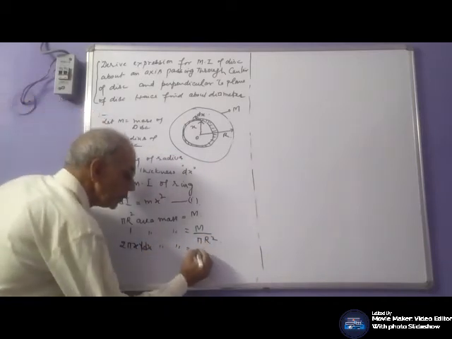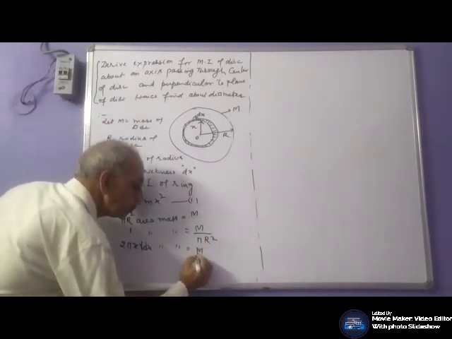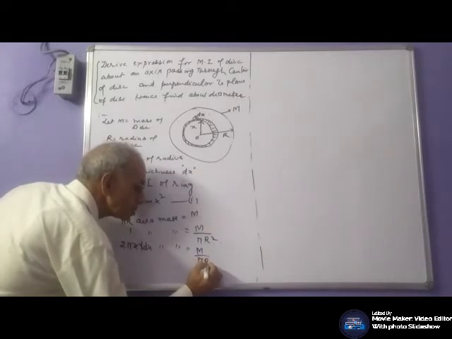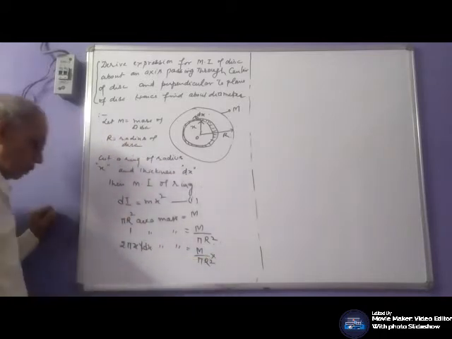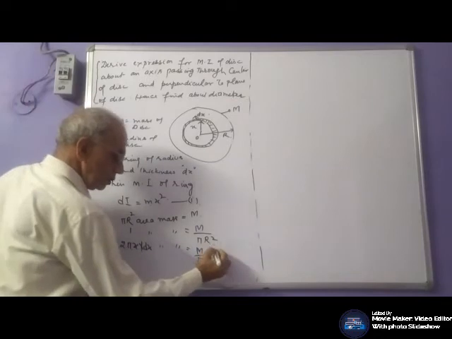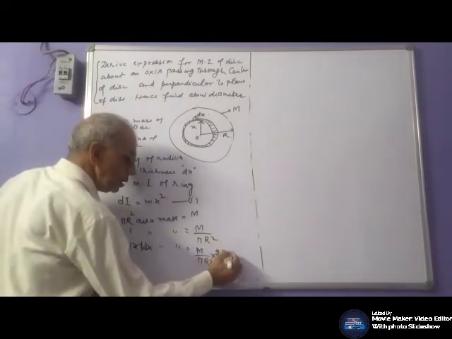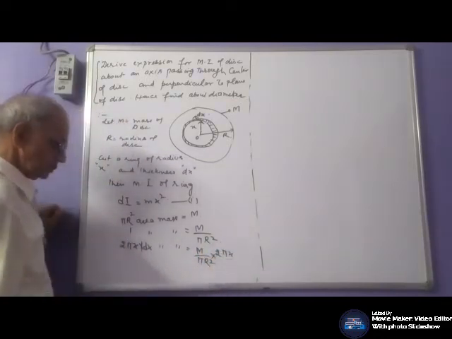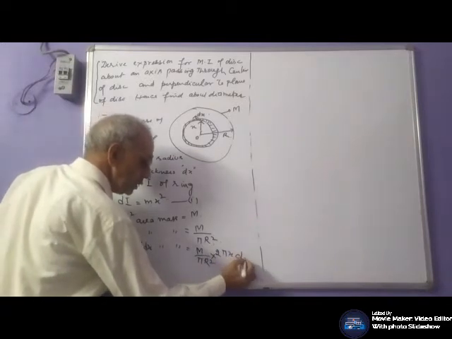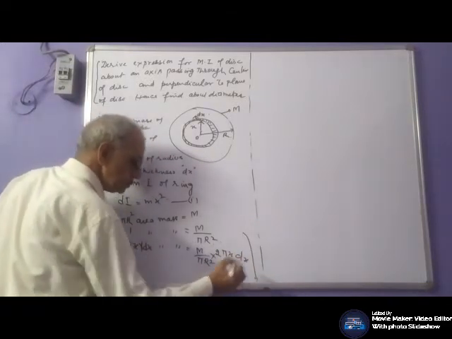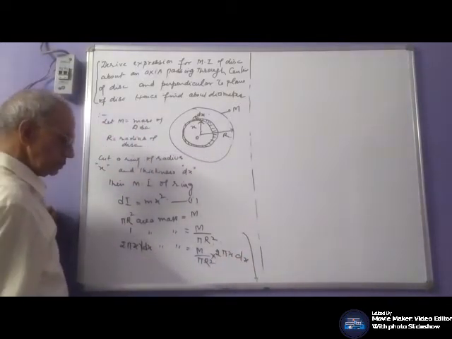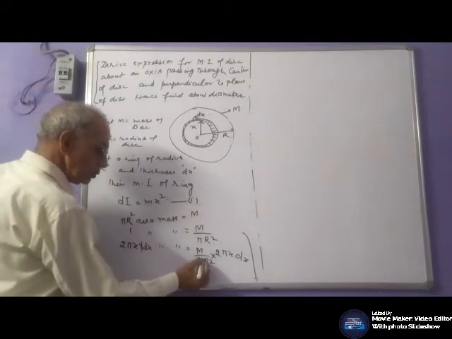This area it is M by pi r square into 2 pi x dx. Pi goes with pi.